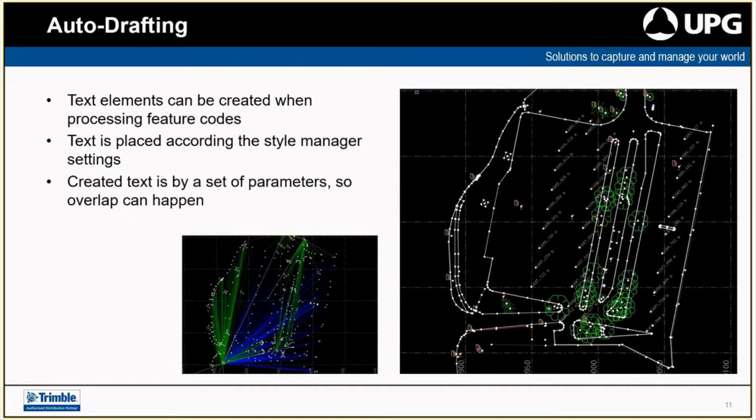When it comes to auto drafting, you can put text elements in an FXL. Again, when you're looking at this particular application, I would be cautious in how much text I would apply. I've mentioned this a couple of times, but be aware that text elements that are automatically put onto lines when processing feature codes will be between every 2 points.